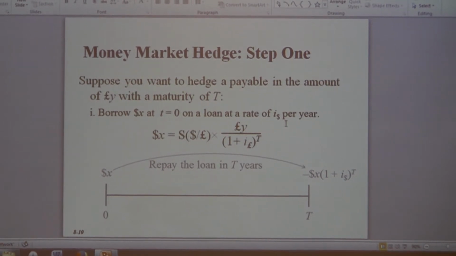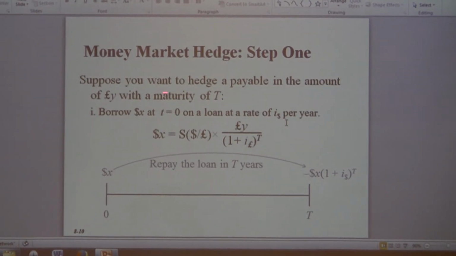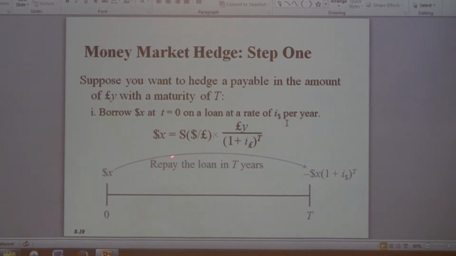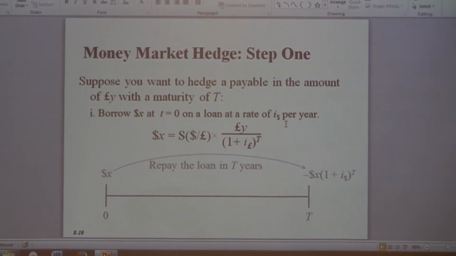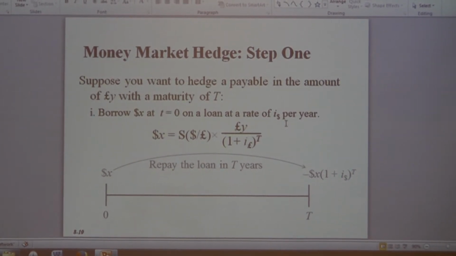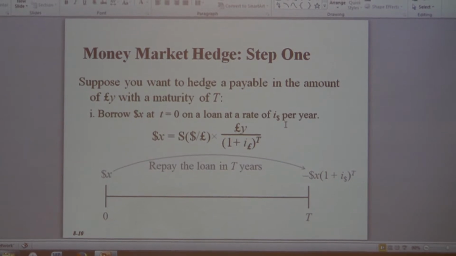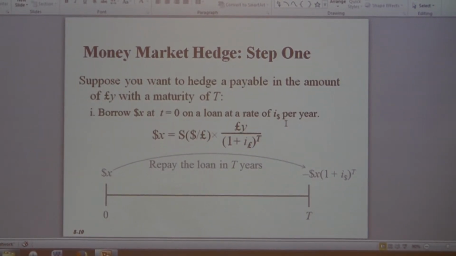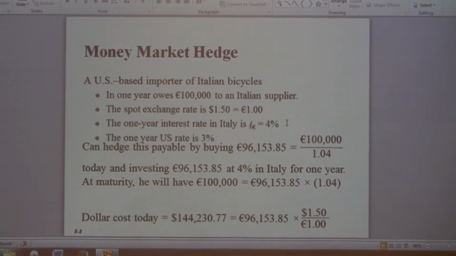So this basically talks about the steps. So what are the steps here? The first is that you want to find out the present value of the payment that you owe. Okay? So the present value in foreign currency. I think they make it more complicated than it should be. So in this case, the amount you owe is 100,000 euros.